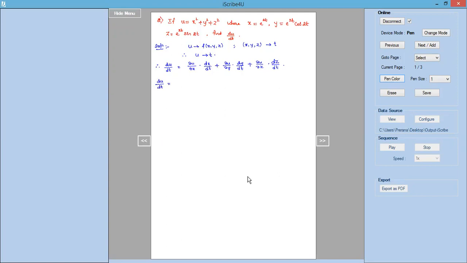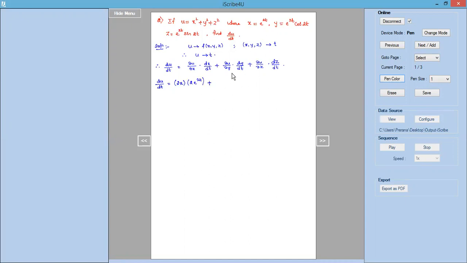So dou u by dou x. Looking into u, partial differentiation with respect to x gives us 2x into dx by dt. Looking into x is equal to e power 2t, we can write down dx by dt as 2 e power 2t. Differentiation of e power 2t is 2 into e power 2t. 2 e power 2t plus dou u by dou y.